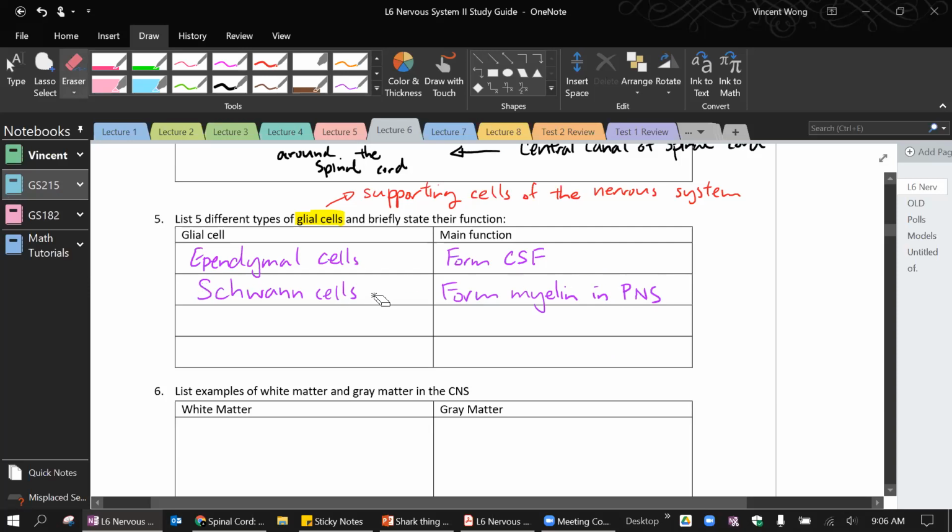And related to the Schwann cells, of course, are the oligodendrocytes, which form myelin in the CNS.